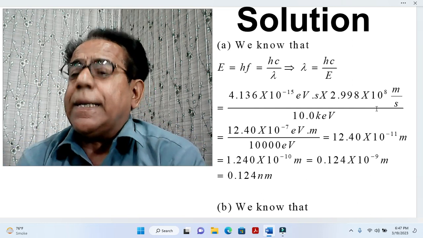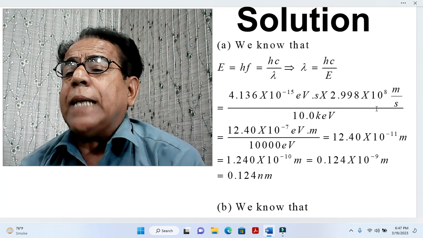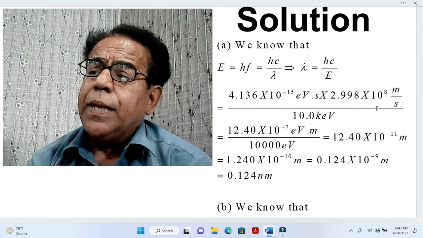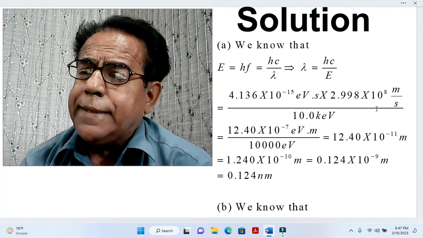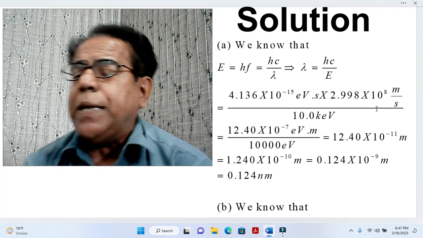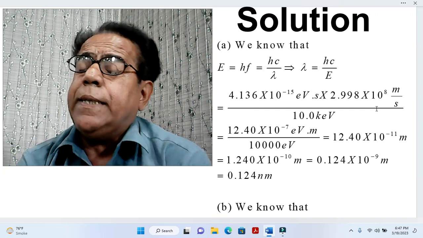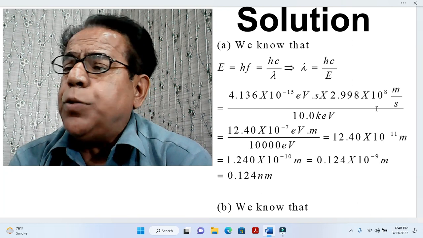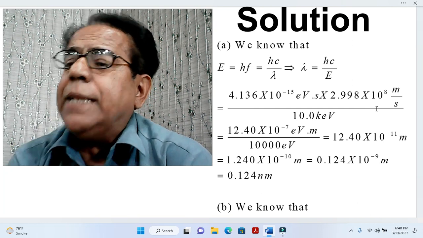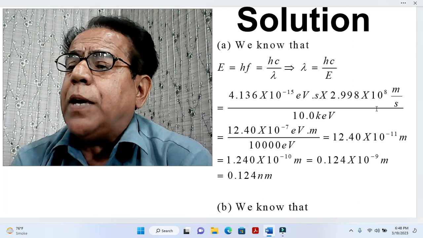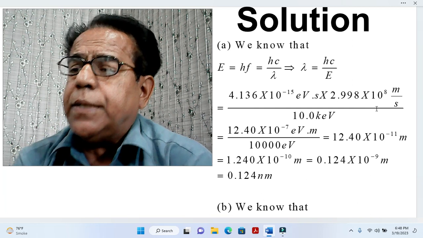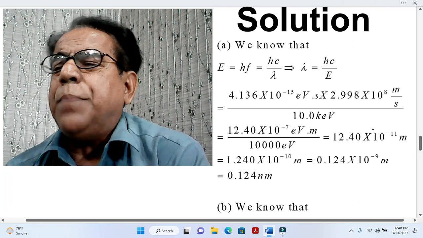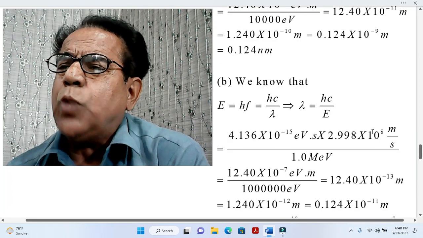Okay, in the next step, we have shifted decimal further one step behind, and hence 10 raised to the power minus 10 is again reduced by one step. Okay, so it has become equal to 0.124 into 10 to power minus 9 meter, and this is equal to 0.124 nanometer. Okay, it could also be converted into picometer, but I think it is quite okay.